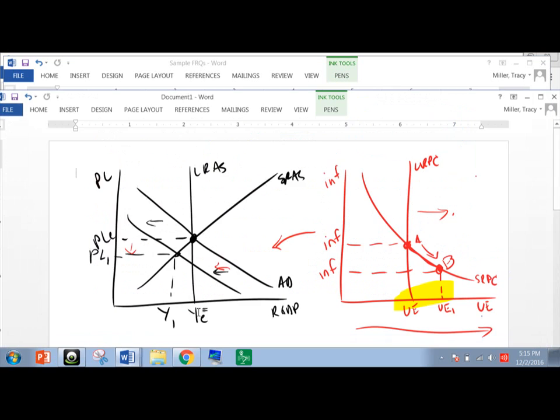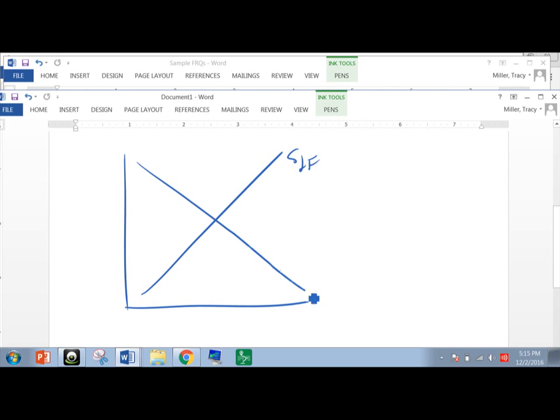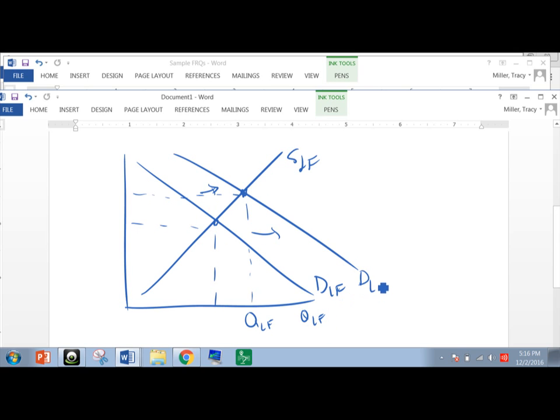So moving back over to graphing, you're going to have to show that loanable funds market. And the demand for loanable funds is going to be shifting to the right. So just make sure, I might sound like a broken record, but again, these are a little messy because writing on the screen is tough, but we want to get all of our labels here.